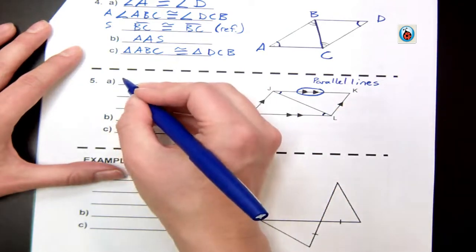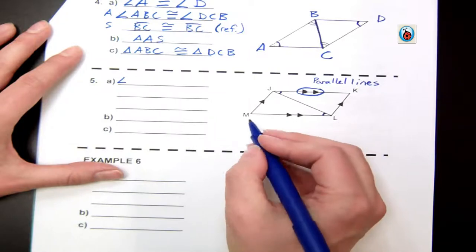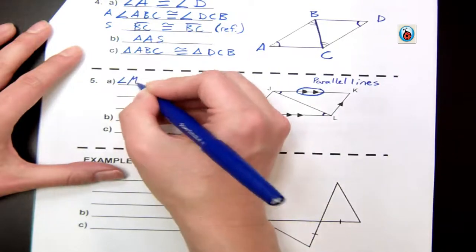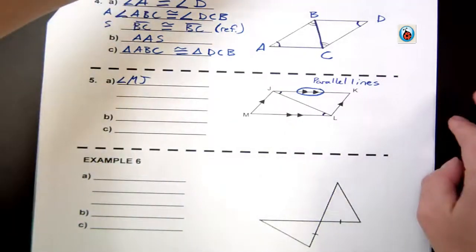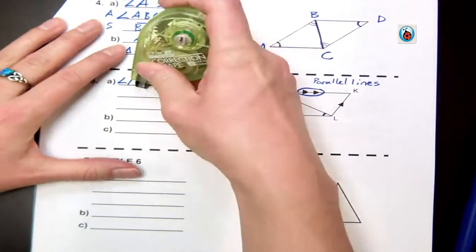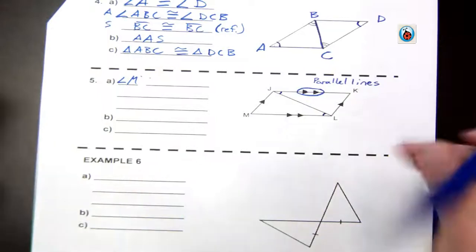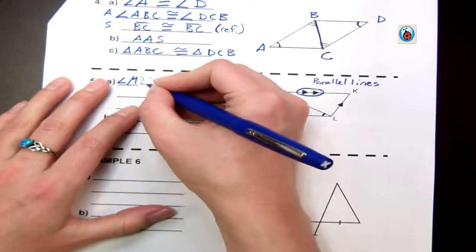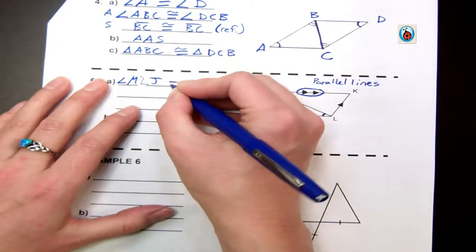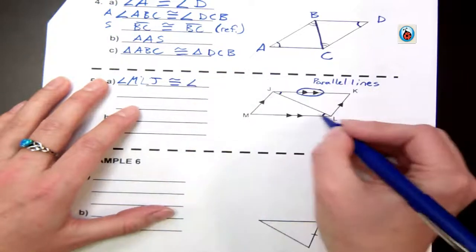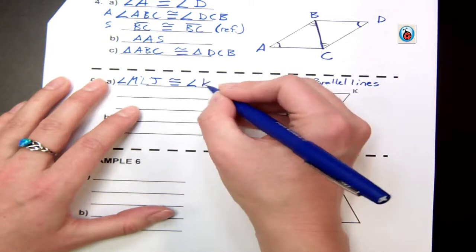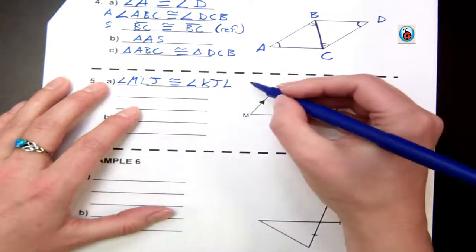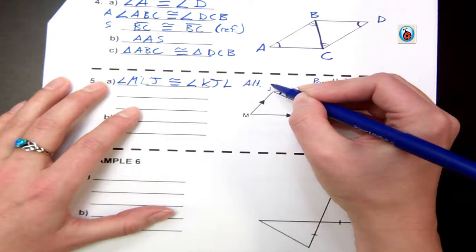So that would be my angle MJL. I'm sorry, my angle MLJ, this angle down here, is congruent to angle KJL by alternate interior.